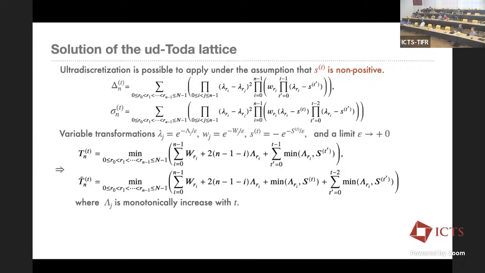And here minus signs happen, but the Vandermonde determinant will give us this expression. Squared, it's a very safe operation. So there are no difficulties in the procedure of the ultra-discrete limit. Okay.